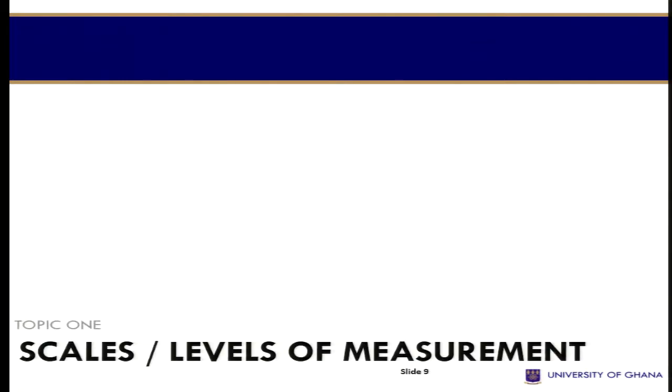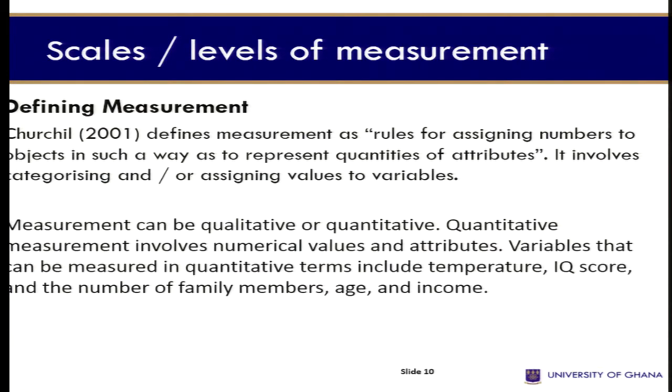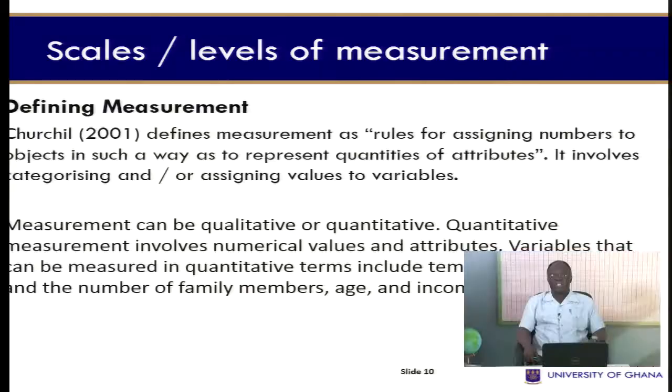Let's take a brief look at scales of measurement. Let me provide you with a definition. According to Churchill, there are rules for assigning numbers to objects in such a way as to represent quantities of attributes.